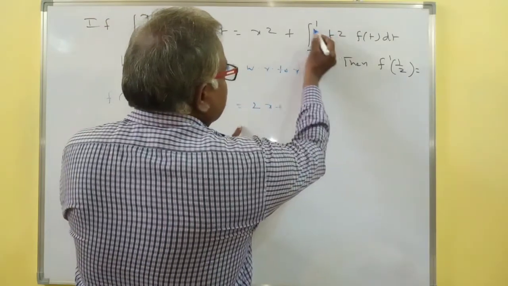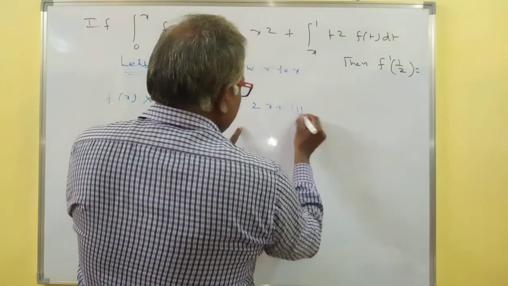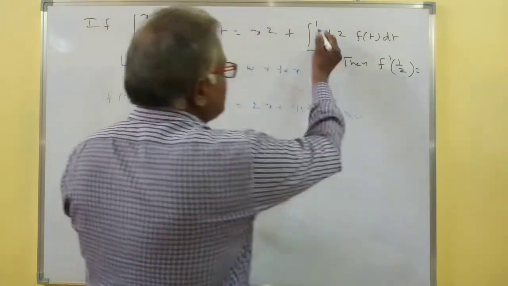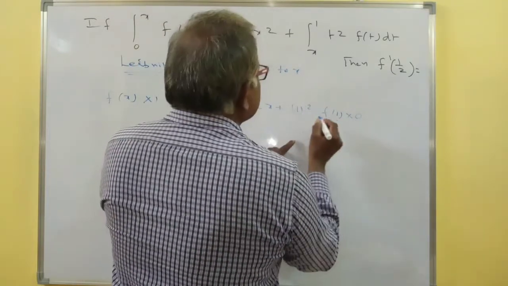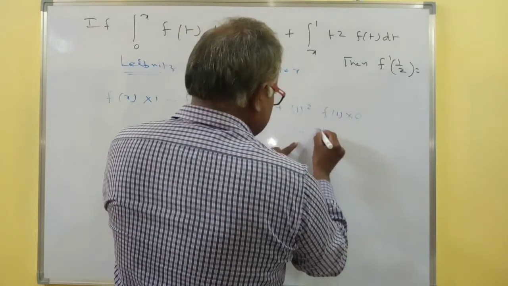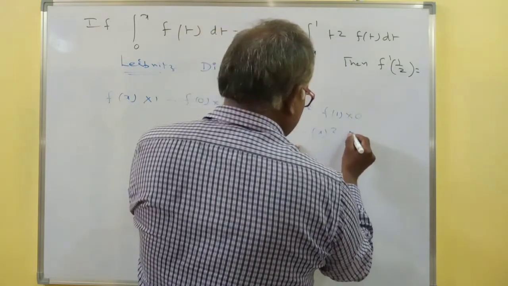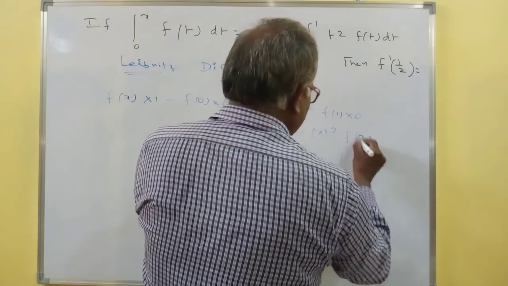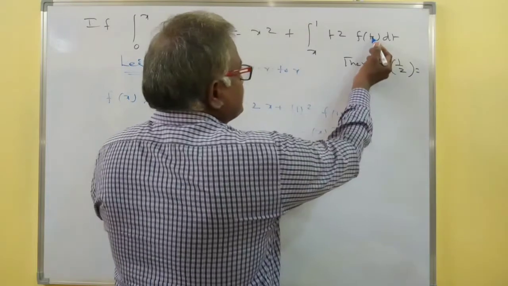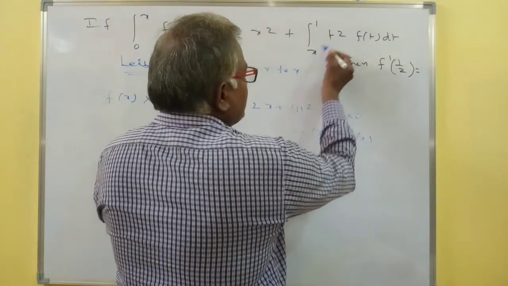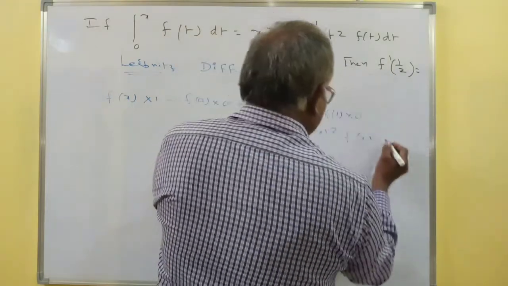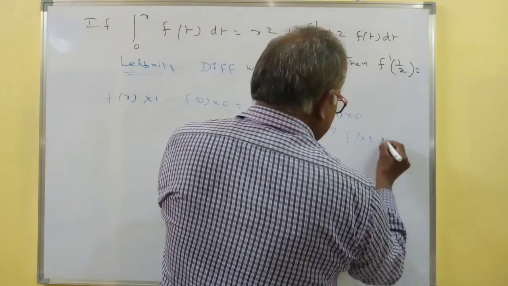Same, substitute here 1 square into f of 1 into the derivative of 1, which is 0. Okay. Minus, here just substitute x square into f of x. Here you just have to substitute in place of t x square and f of x, and the derivative of this one, x derivative, is 1.